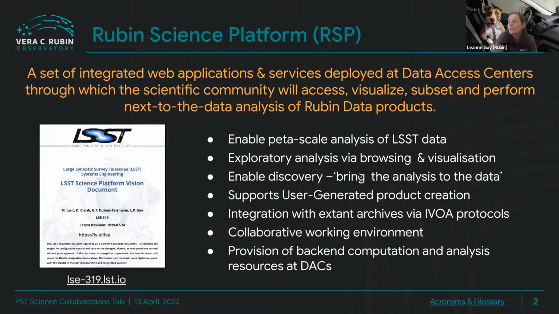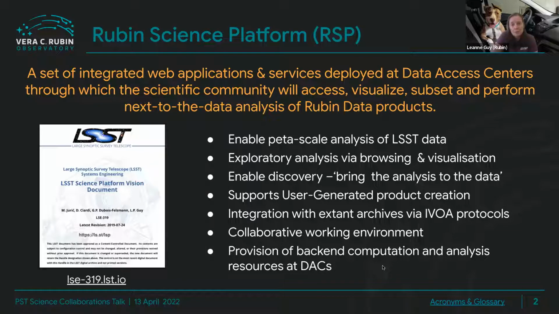So just a few of the things that have gone into consideration here. You can see some of the high-level points that we thought about when designing the science platform. Clearly enabling petascale analysis of LSST data, enabling exploratory analysis via web browsing and visualization. So not needing to know in advance what is the schema of the catalogs and how do you find images, but having something very exploratory and interactive to enable discovery of the data, just to go and be able to have a look.